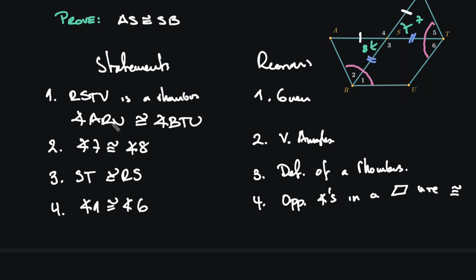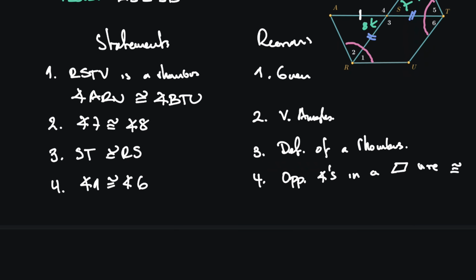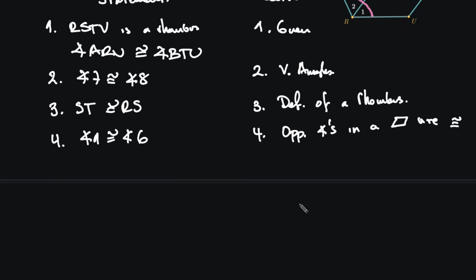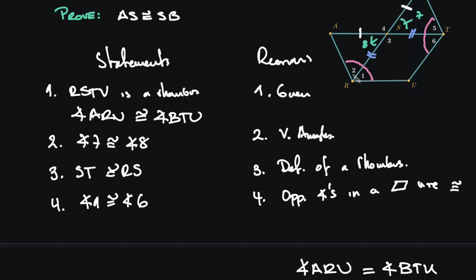I'm going to erase this after the analysis. So we know that angle ARU, or the measurement. I'm going to get rid of that symbol for now, just to be a little bit quicker, but the idea is that we're actually comparing measurements. So this is equal to angle BTU, right? But we know that angle ARU is the sum of 2 and 1.